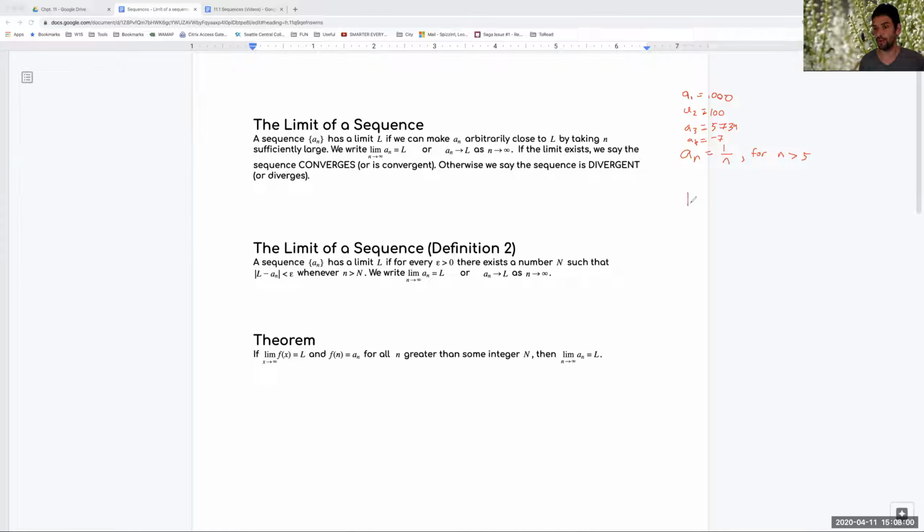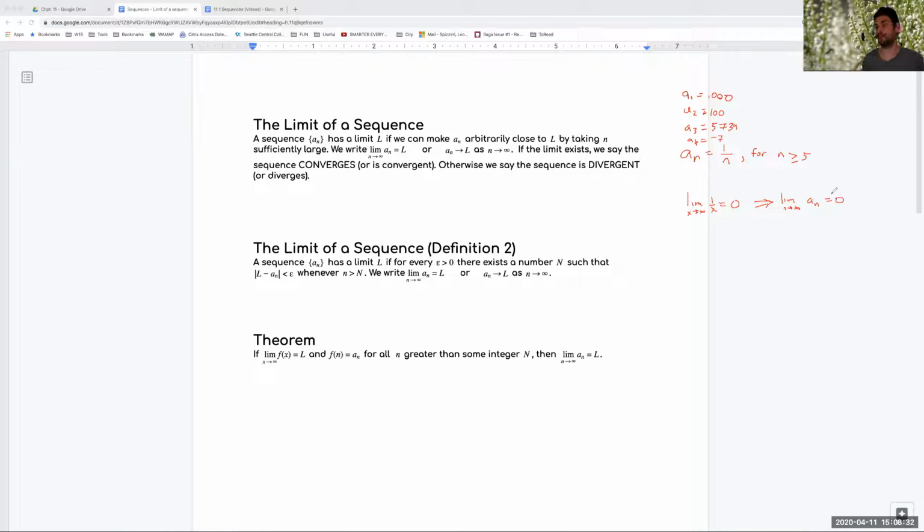Well, we know the limit as x goes to infinity of 1 over x is equal to 0. And since 1 over x is the same as 1 over n for the integers 5 and above, this implies the limit as n goes to infinity of a sub n equals 0.